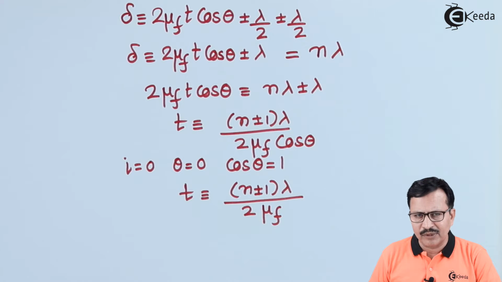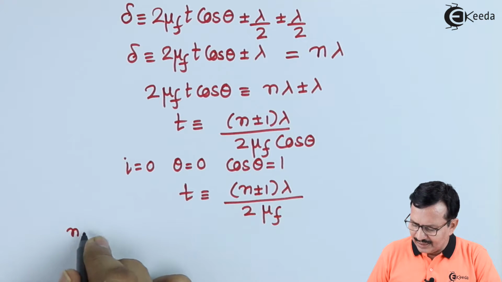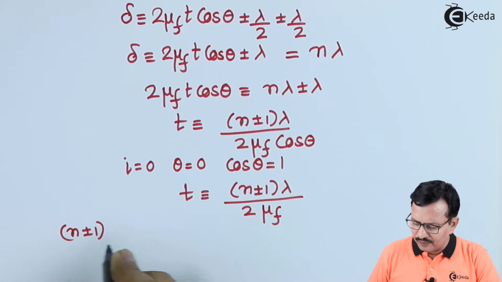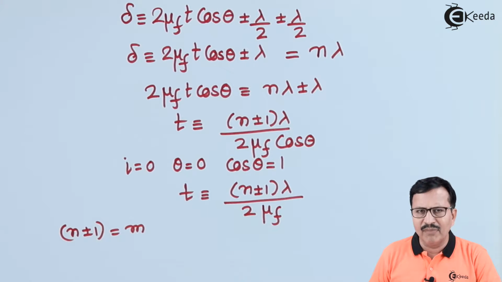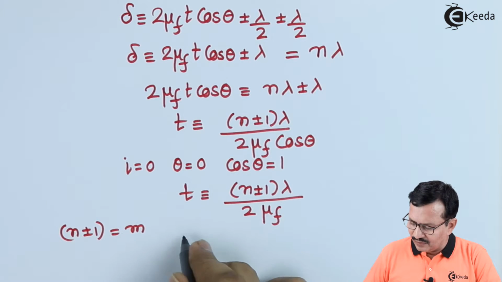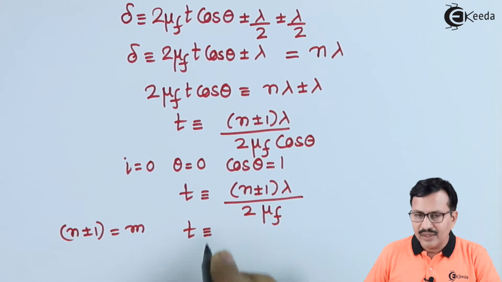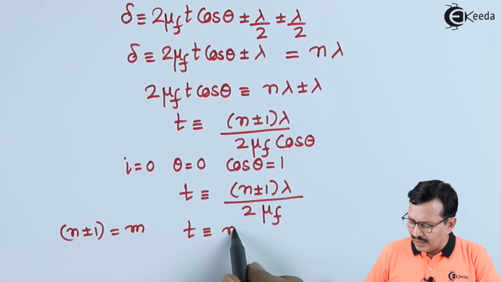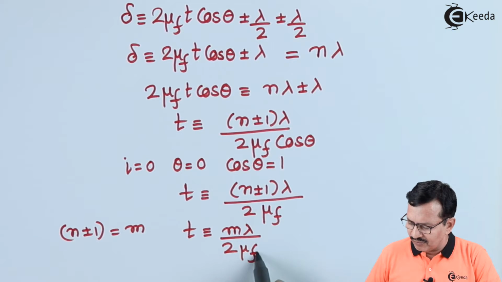Just for simplified purposes, we consider that let n plus or minus 1 is equal to a number m. Thus, we can write t is going to be equal to m lambda upon 2 into mu f.